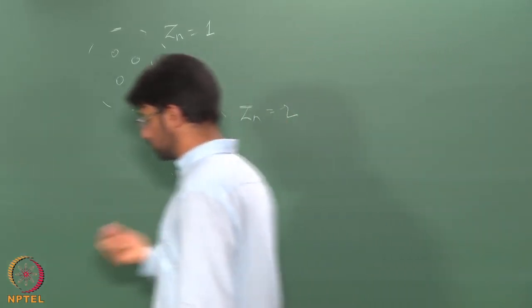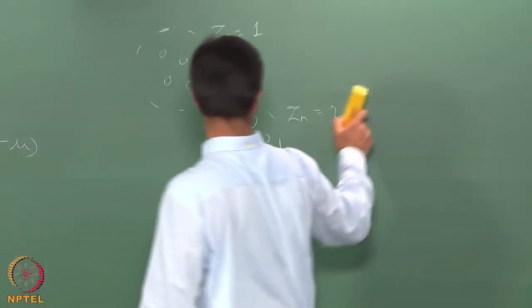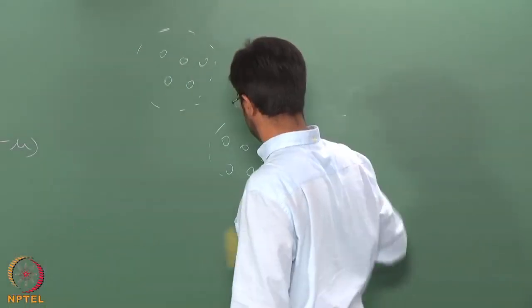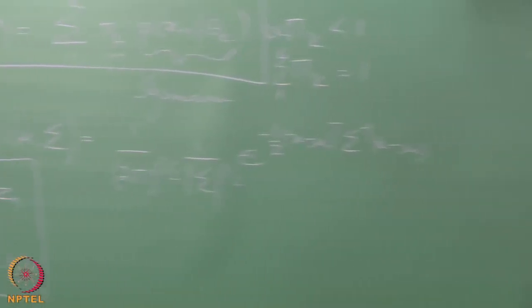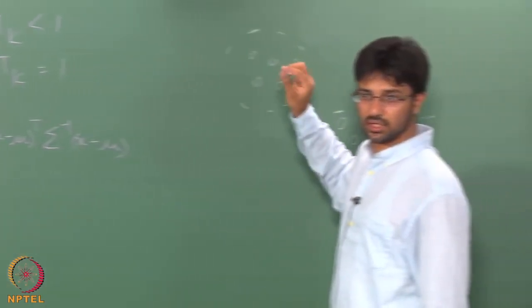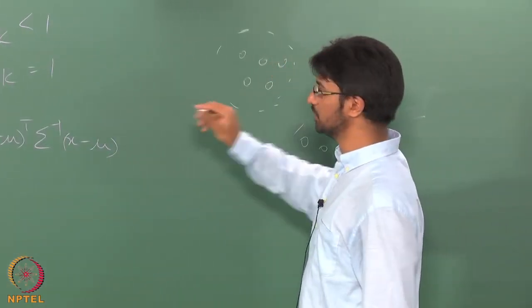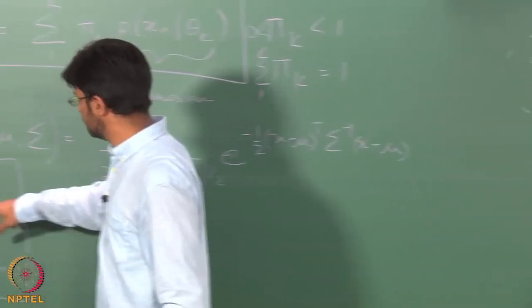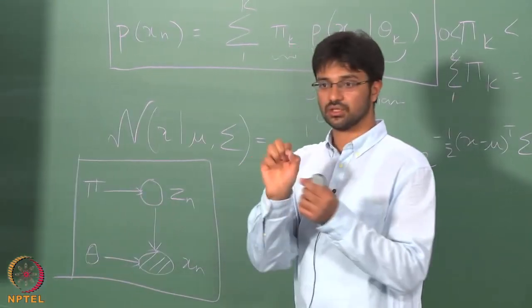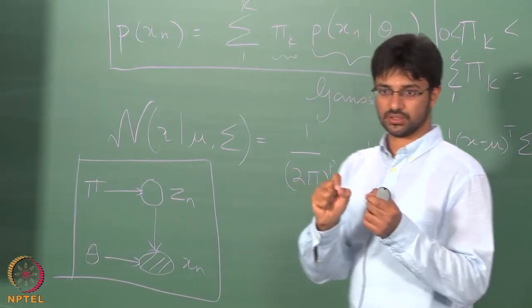But you do not know this, you do not know how the data was generated, right. So once you are given this data, then you have to infer what these parameters are, and given that you are using this model to fit, you have to infer what the Zn value is for each of the data points.